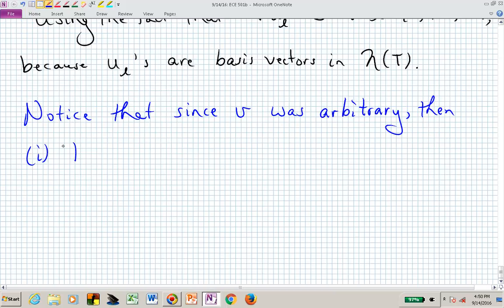One is that Tv, since v was any vector in our input vector space, then Tv will span the range of T.